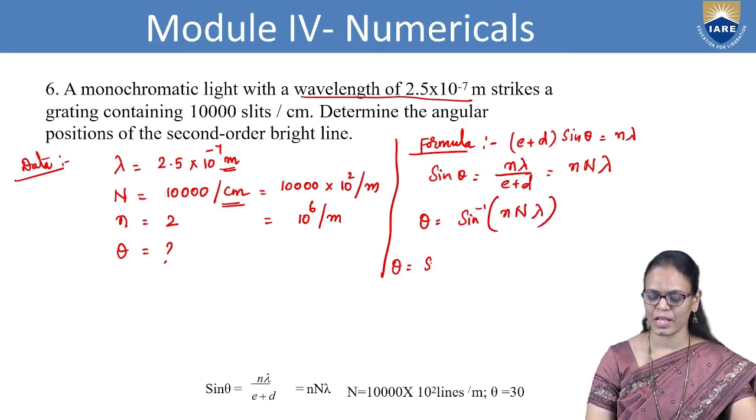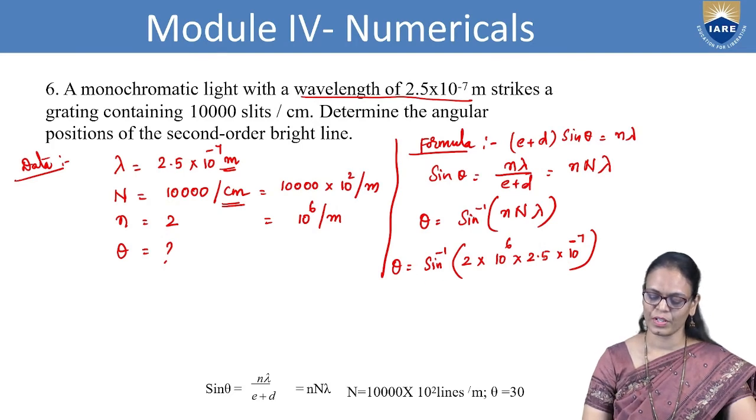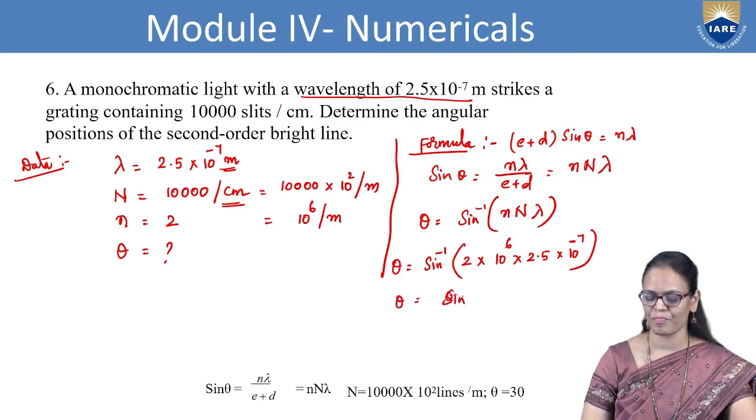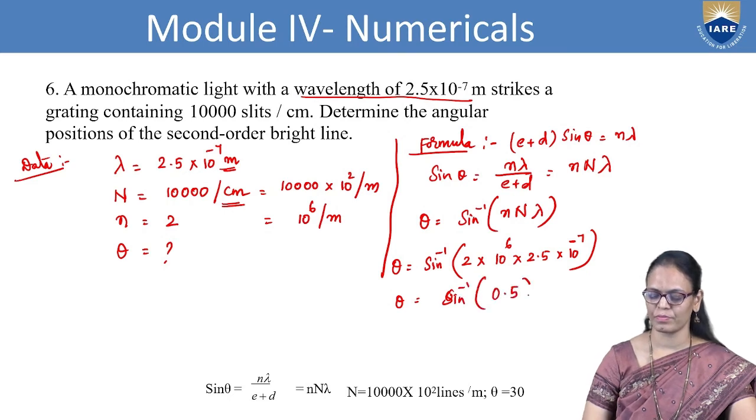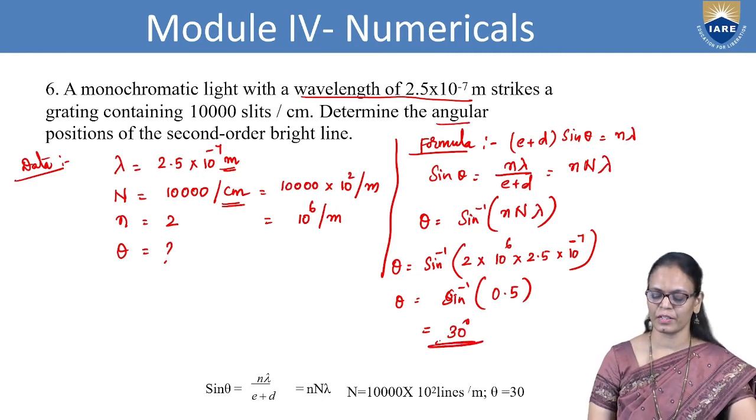So theta is equal to sine inverse, small n is 2 for second order, capital N we got 10 power 6 and lambda is 2.5 into 10 power minus 7. So what we are going to get is sine inverse 0.5. So that will be equal to 30. So the angular position will be 30 degrees.